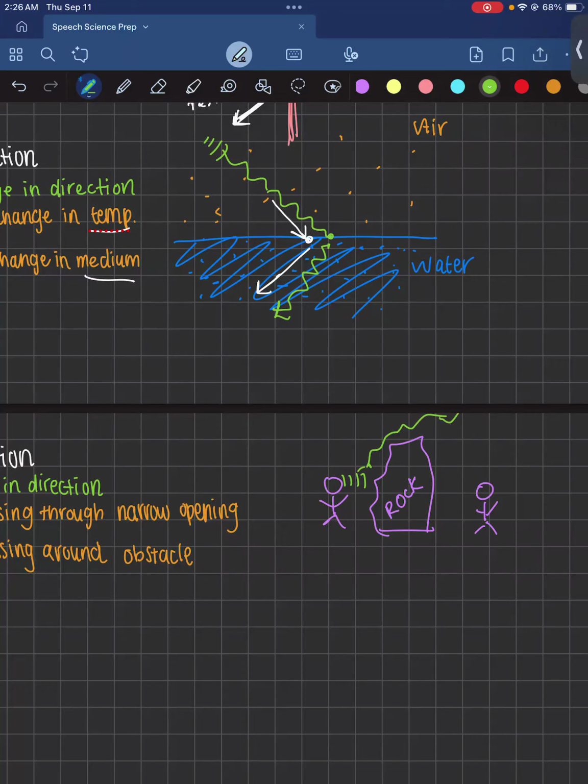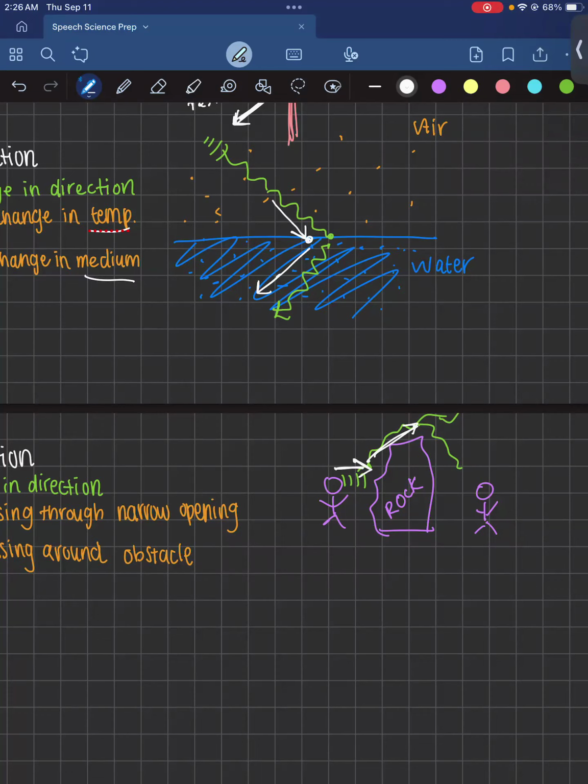It may not be quite as dramatic as this, but basically the point is that the sound starts off in one direction and then it changes and moves around the obstacle, which is why even if I had this rock between me and my friend, they would probably still be able to hear me to some degree. It may not be a great quality of sound, but some of that sound is still traveling around the obstacle.